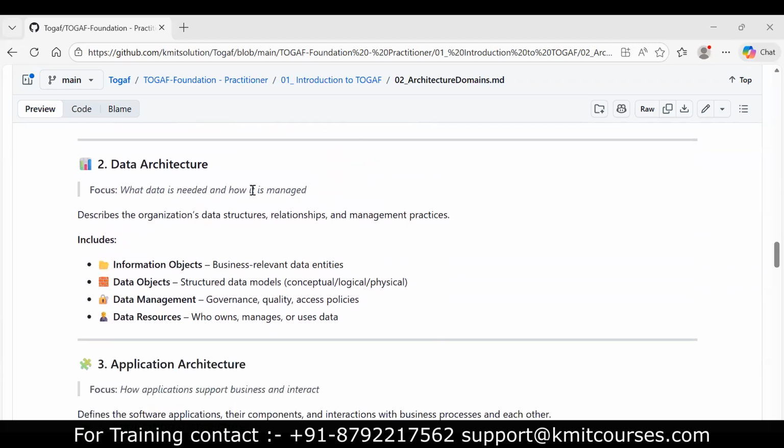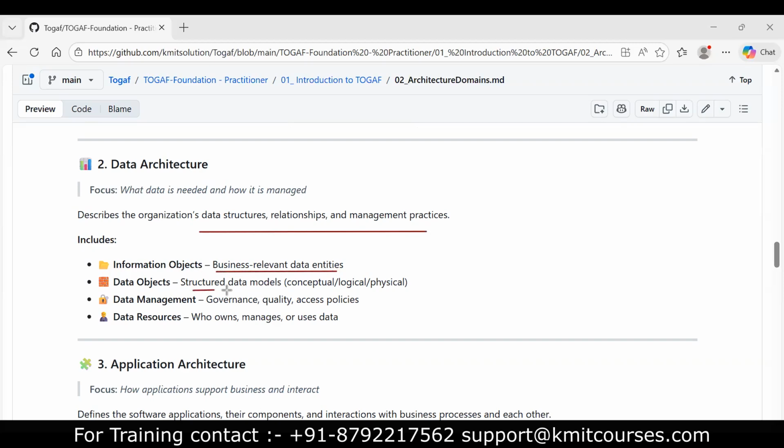Same way in the data architecture. As we know, what data is needed and how it will be managed comes under the data architecture. Here we are describing the organization's data structure, relationships, and management of the service. Information objects are business-relevant data entities.